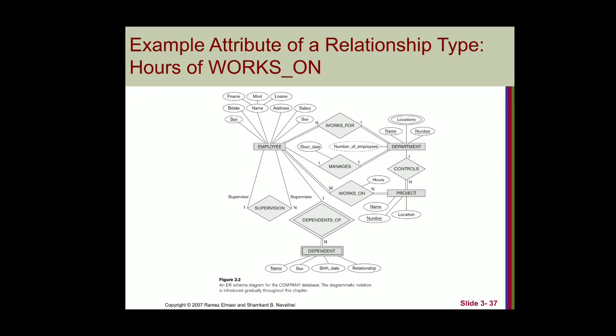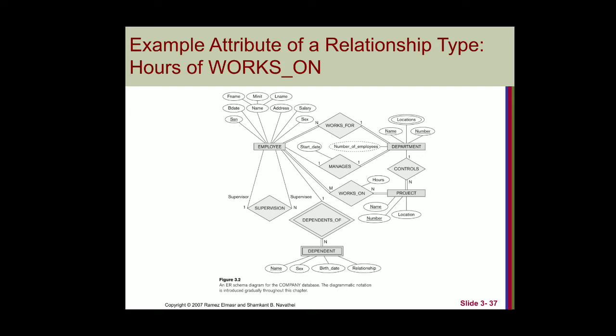Consider manages, right? Manages is a relationship type over here and it has an attribute known as start date. This start date tells us when the particular employee started working as a manager for a particular department. And apart from that, we can consider works on. The works on relationship type again has hours as the attribute. What does it mean? This employee works so many hours on a particular project, right?